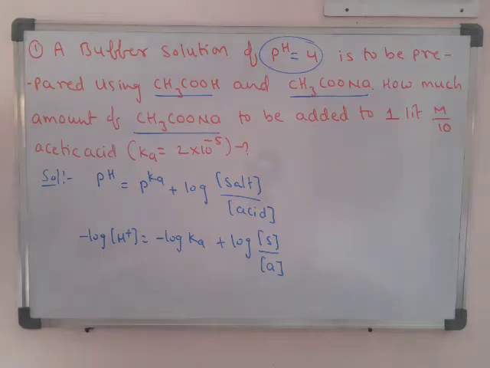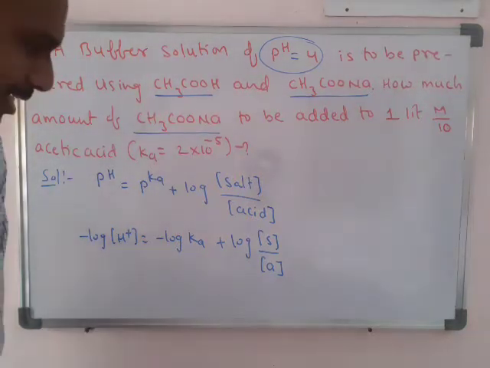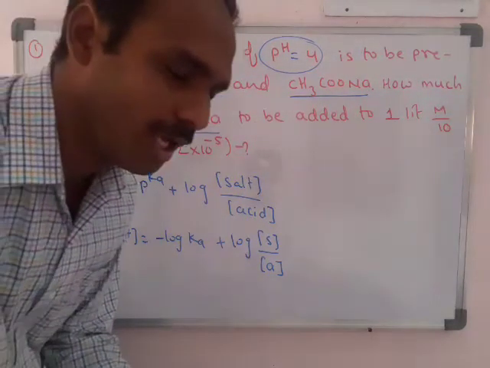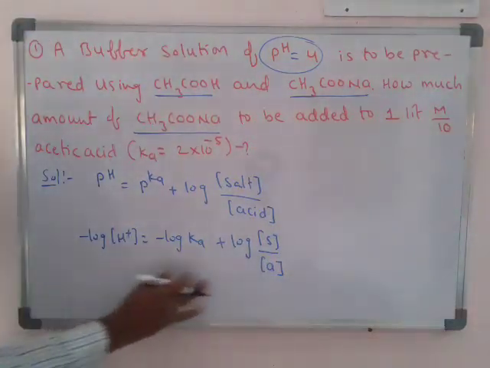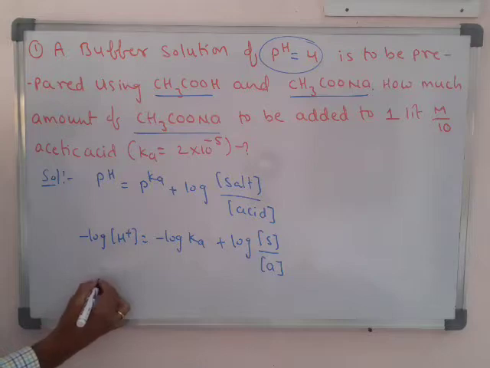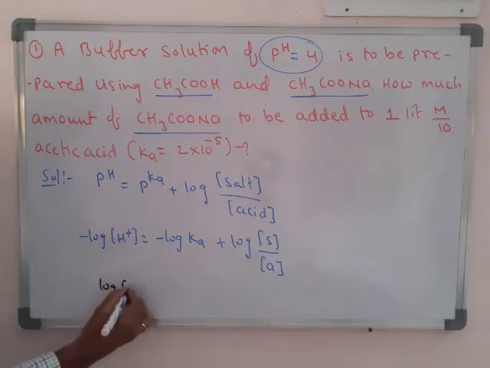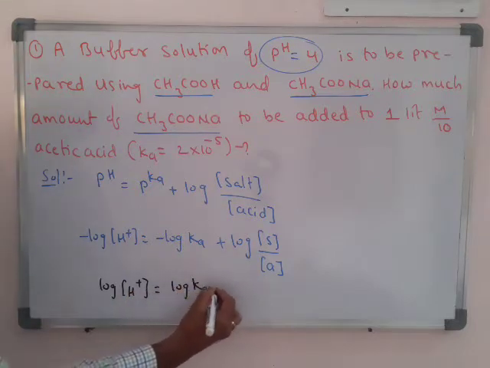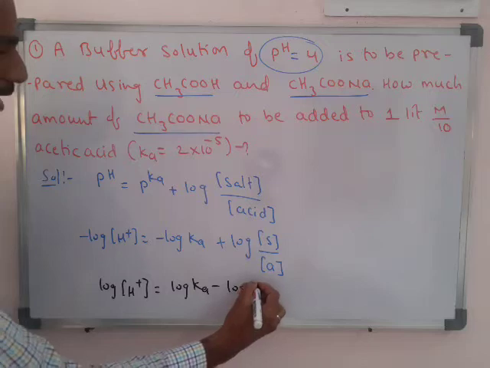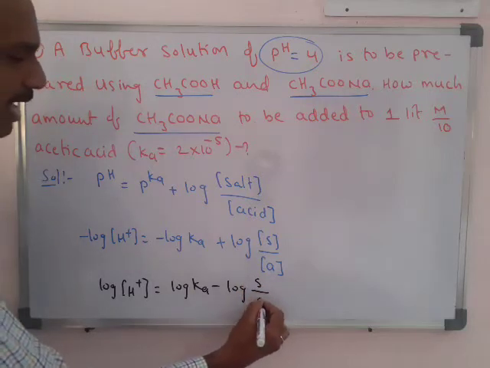So how to remove the logarithm term, how to make it a normal thing, means just using antilog. First we multiply this total equation with the minus, then what happens? The log H plus becomes log Ka minus log salt by acid.